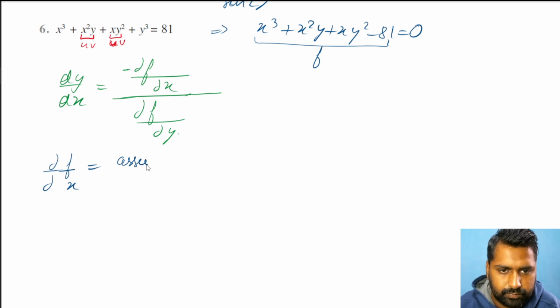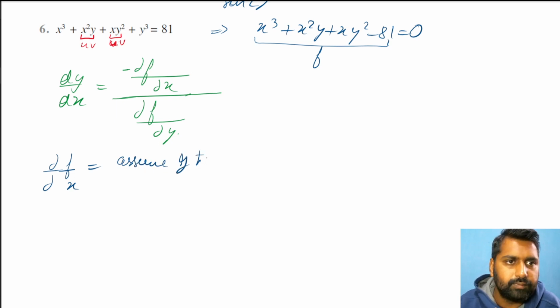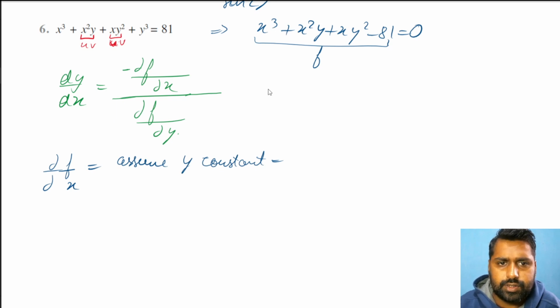assume y to be constant, means you have to treat y as a constant. So differentiation of y square will be 0, differentiation of y will also be 0. So let's differentiate. First of all, x cube differentiation is 3x square. y is constant, leave that. x square differentiation is 2x.